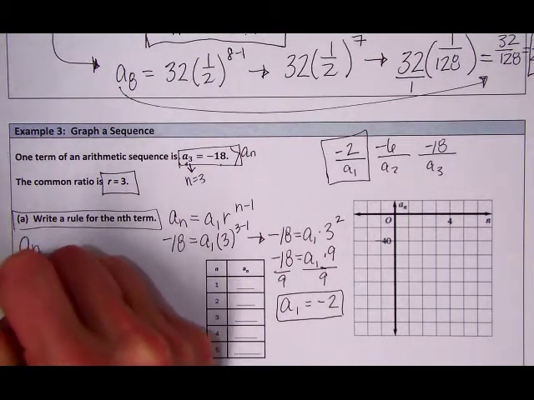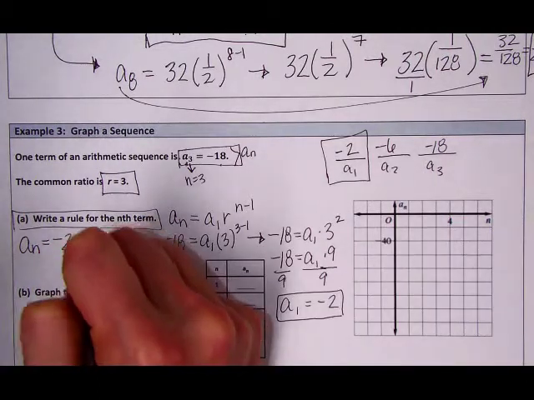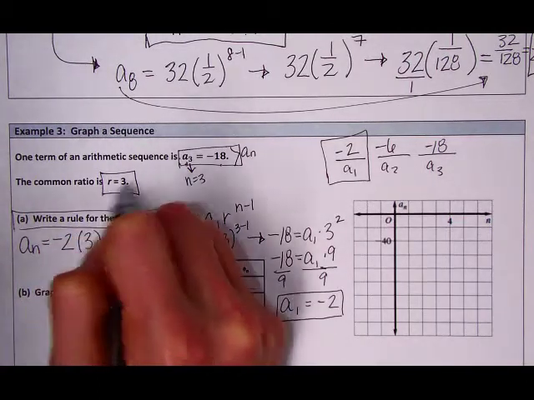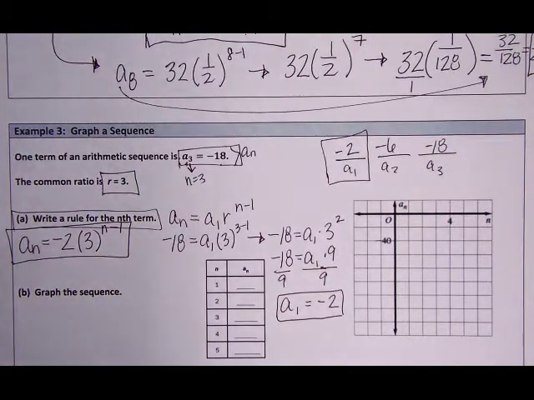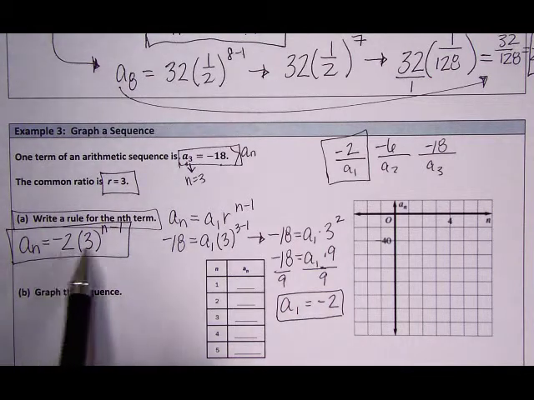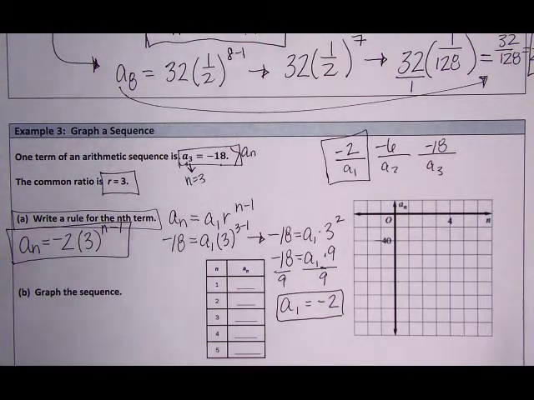So a sub n is equal to my first term, which is negative 2, times 3, which is my r, raised to the n minus 1. And that stays as my general rule. I can't multiply these two to get negative 6 because 3 is the only value getting raised to the power.